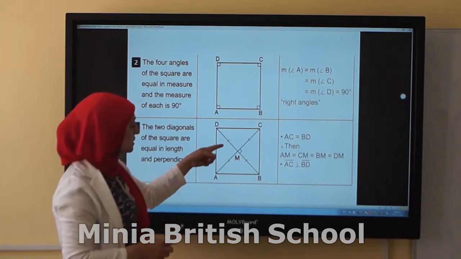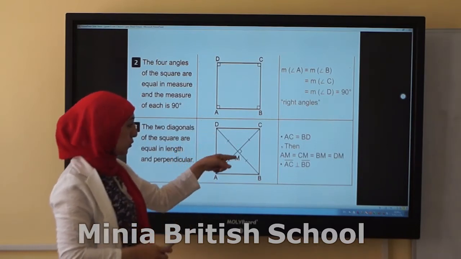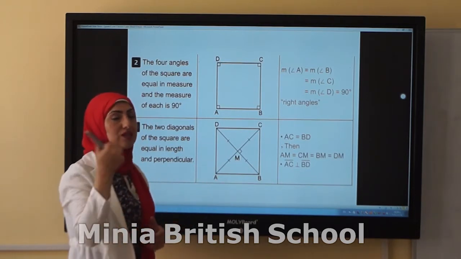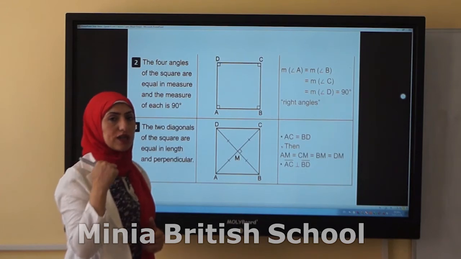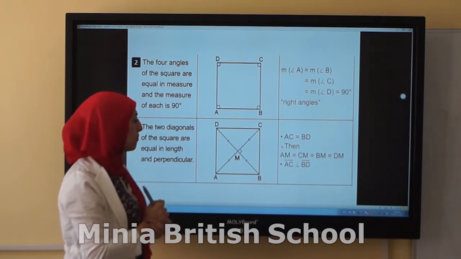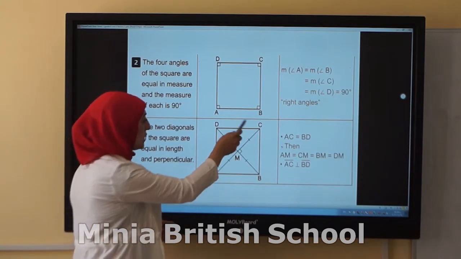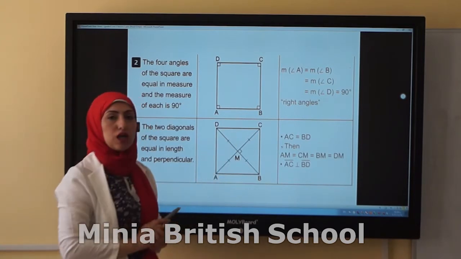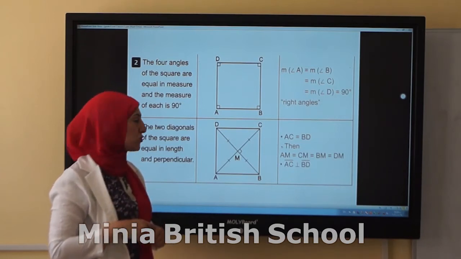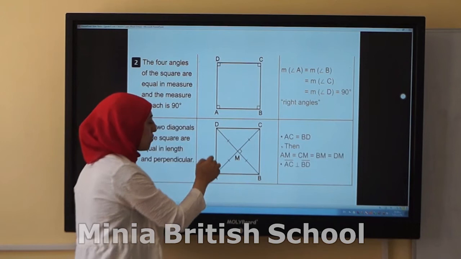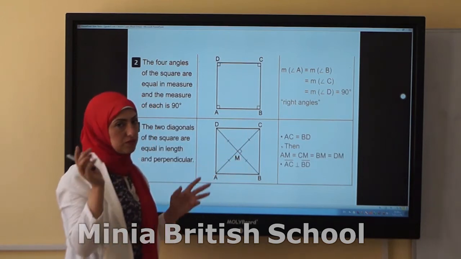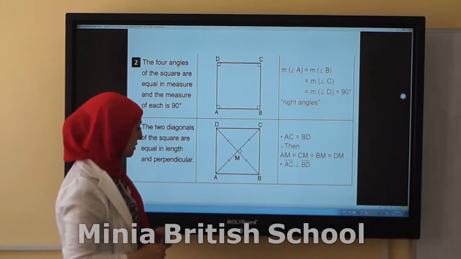The difference is that in the square, the two diagonals are equal in length, but in the rhombus they are different, but both are perpendicular. Here, the four sides are equal in length, and in the rhombus they are equal in length also, but in the square the four angles are right angles. In the rhombus, they are not right angles, okay?